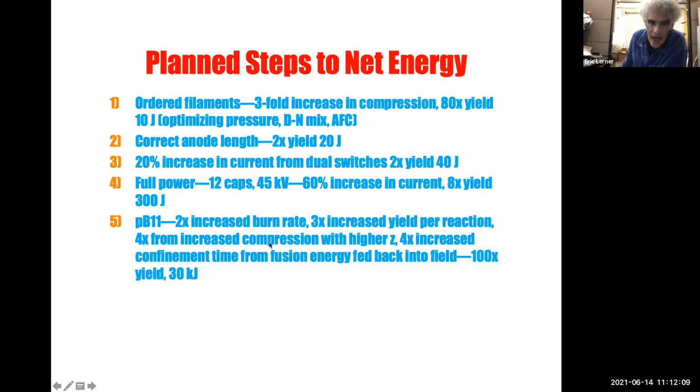We expect higher compression with the higher Z. Quadruple the confinement time because we think the fusion energy will be feeding energy back into the field during the plasmoid lifetime. So the change in fuel will give us 100 times more yield. That'll get us up into the range where we're getting net energy. So that's the broad plan.